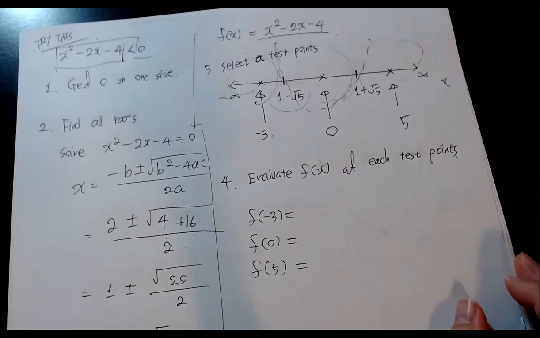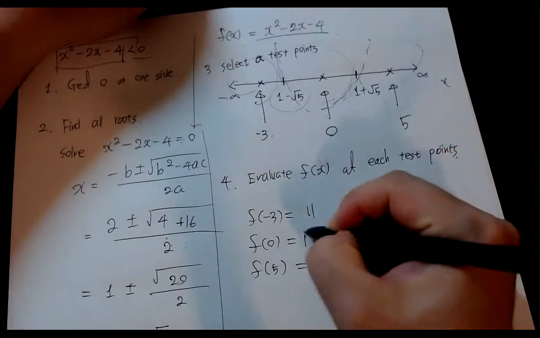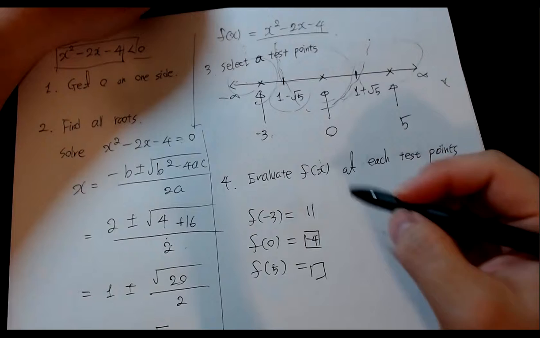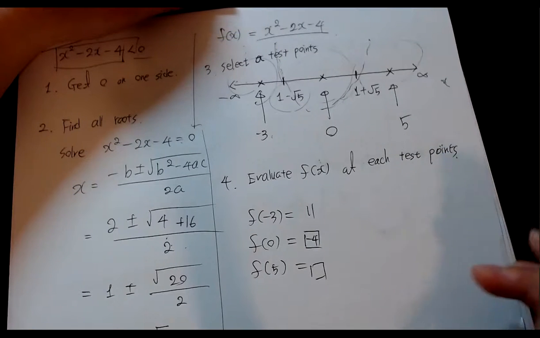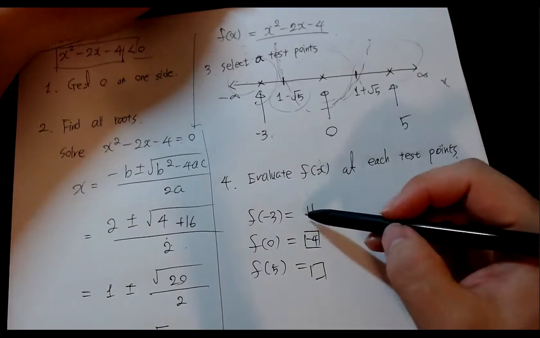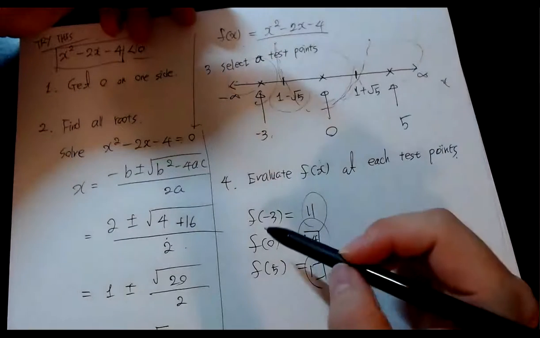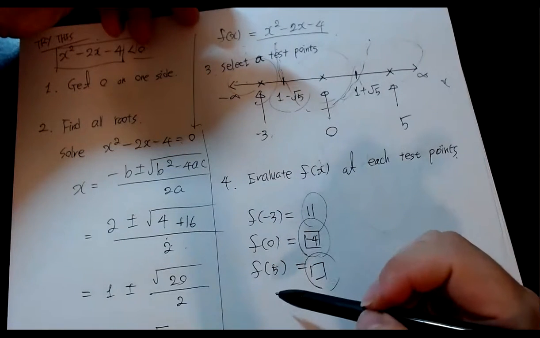So we got 11, right? And f of 0 should be negative 4, and f of 5 is 11. I'm just using numbers here. The goal is not to figure out these numbers. The goal is to figure out the sign of the function at each test point.